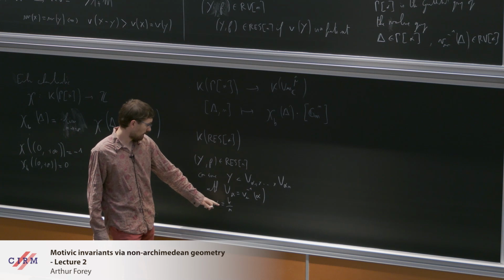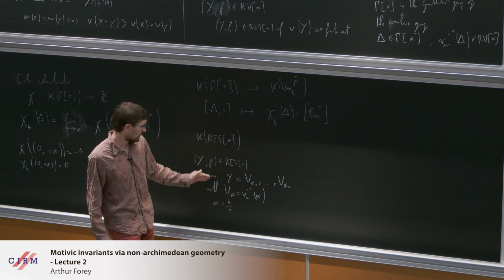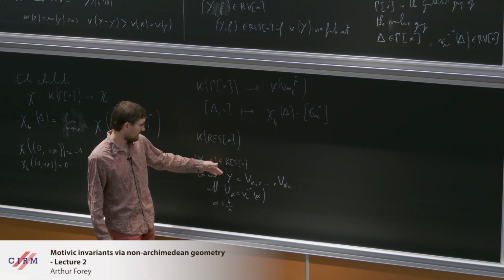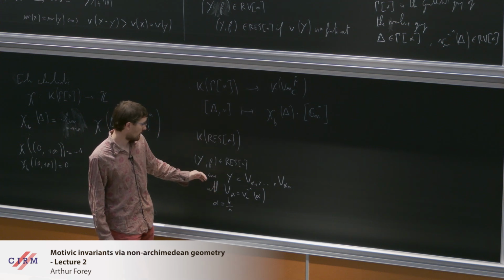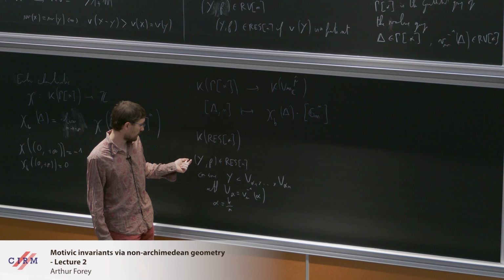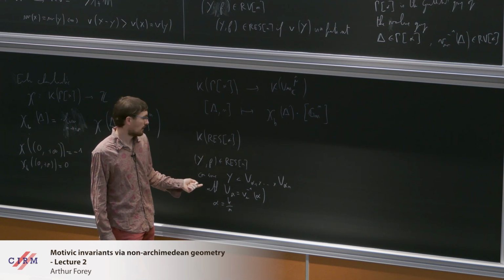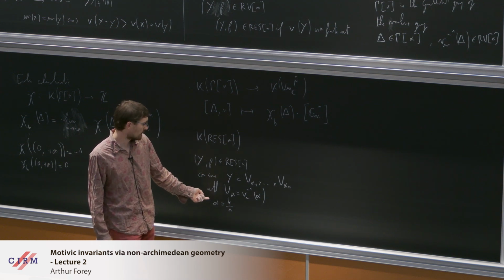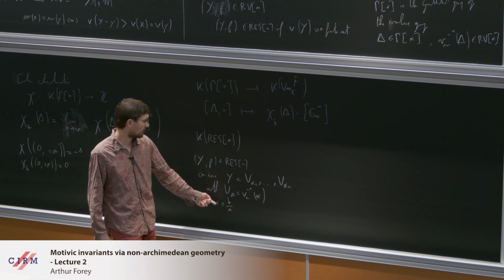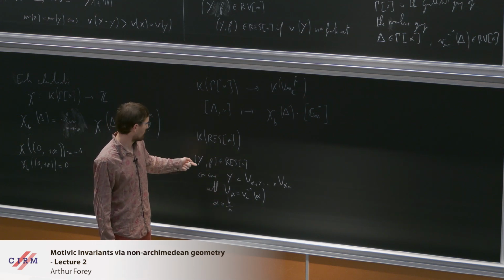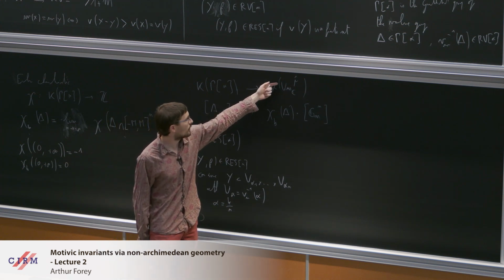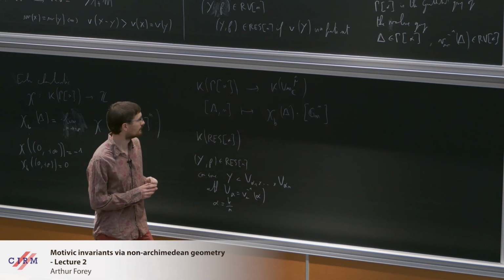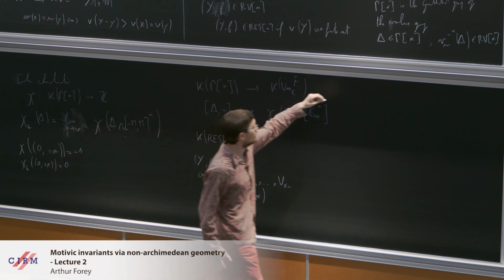If it's of this form, then the ambiguity in making Y in bijection with an algebraic variety over the residue field really just comes from the choice of an nth root of unity. And so you get for free an action of mu n in this situation. It means that out of such a thing, you build a variety plus an action of mu hat, the limit of all mu n.